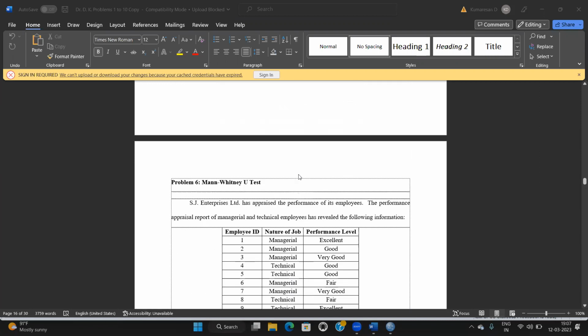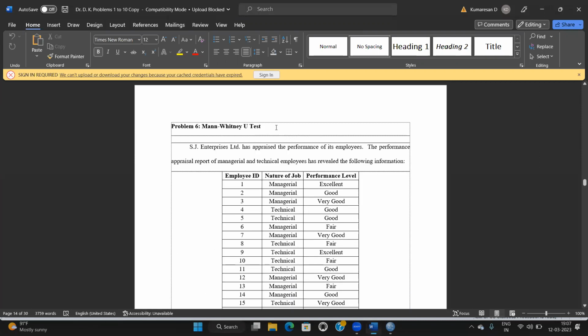See, there is a similarity and a difference between the tests. In the case of parametric tests, t-test and ANOVA were there.